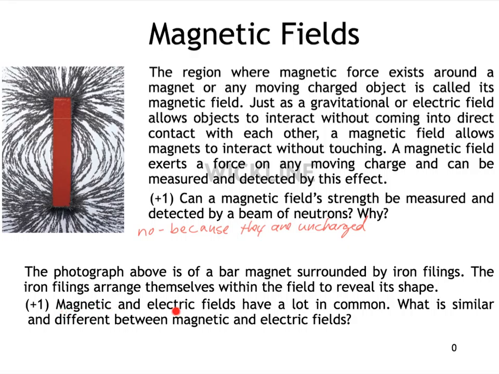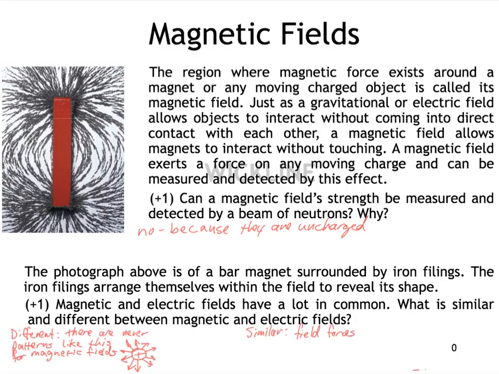And this question: magnetic and electric fields have a lot in common. What is similar and different between magnetic and electric fields? So I just said that one of the differences I could think of between the two is that for an electric field, one of the things that you can see sometimes is this radial pattern with the field lines tangent to the surface at that point.